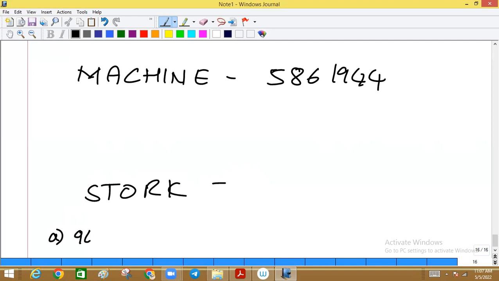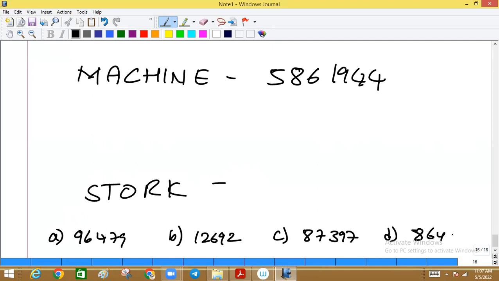Option A is 96479. B is 12692. C is 87397. D is 86496.